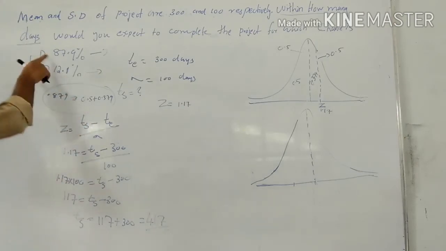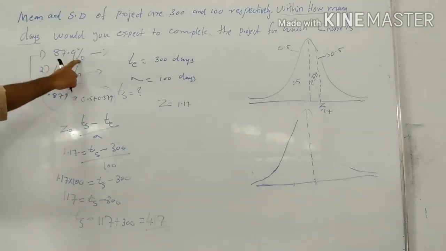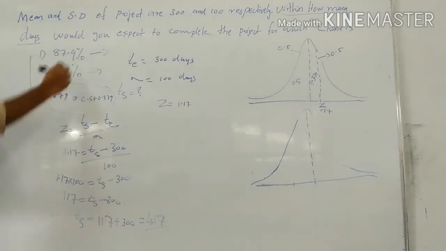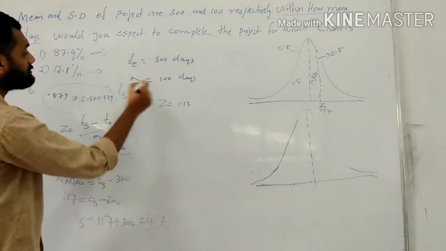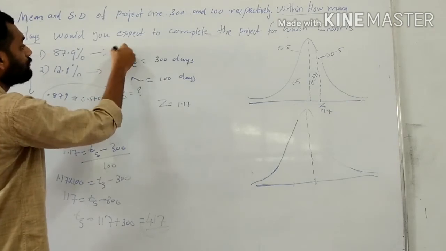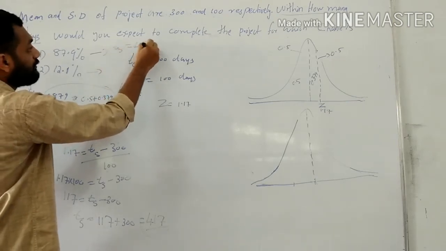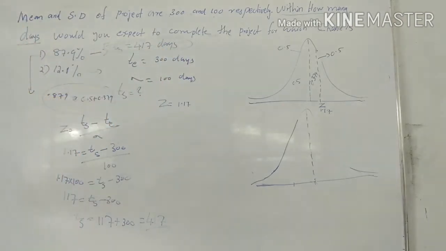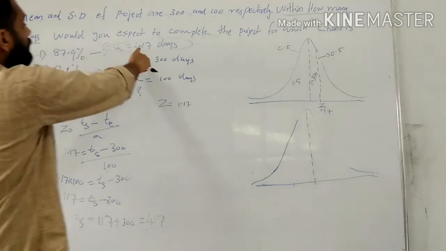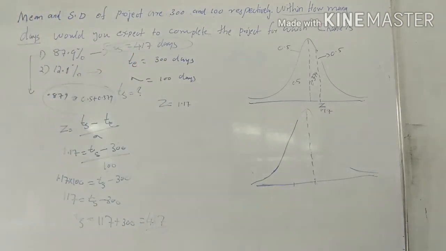So in the case of 87.9% probability, the scheduled time TS is 417 days. Or we can conclude that within 417 days, the probability is 87.9%.